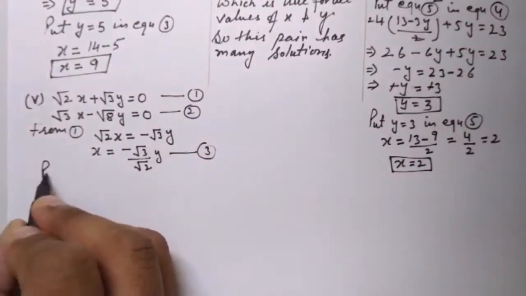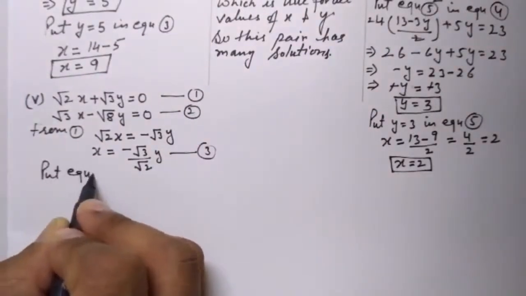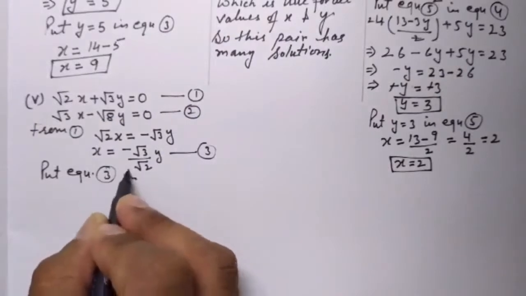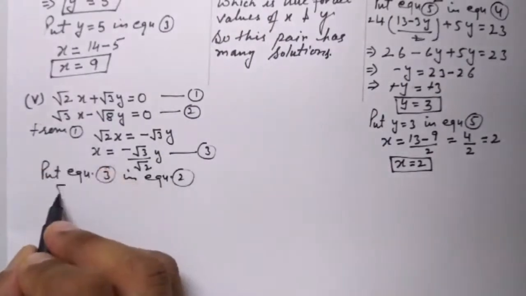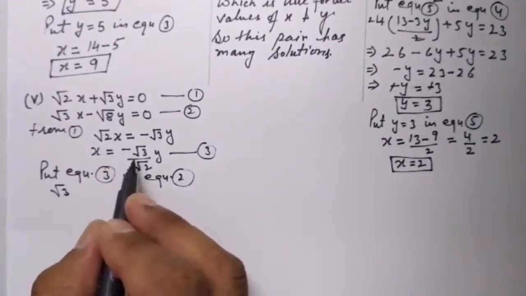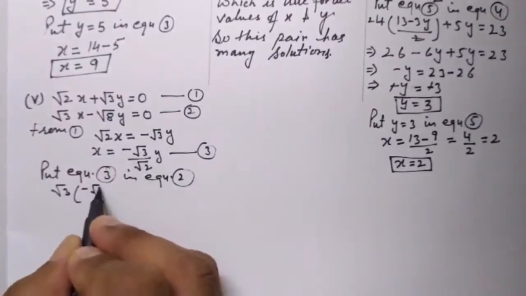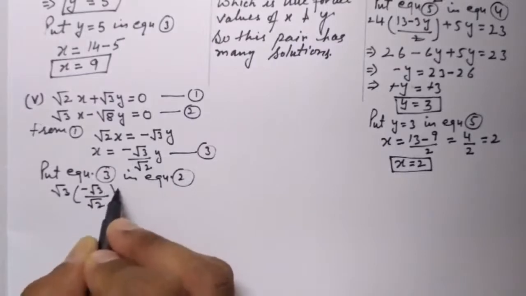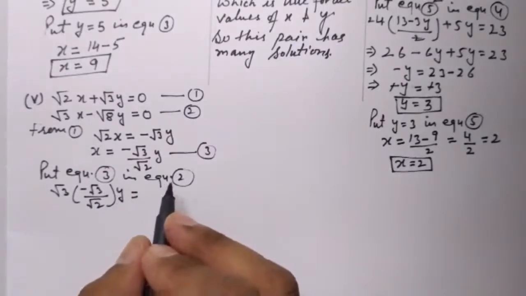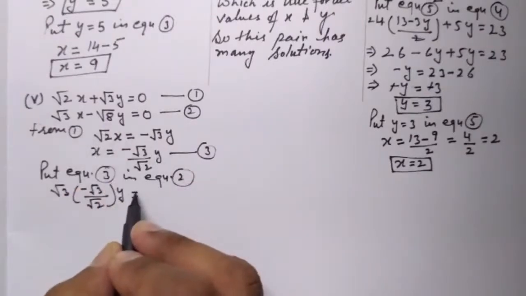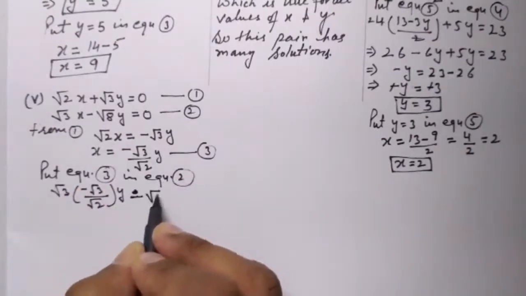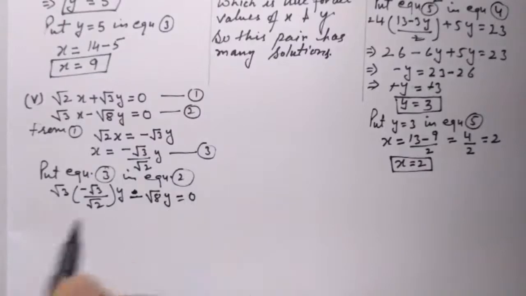So put equation 3 in equation 2. So root 3, and in place of x I'll write this value, that is minus root 3 over root 2 y, minus root 8y is equal to 0.